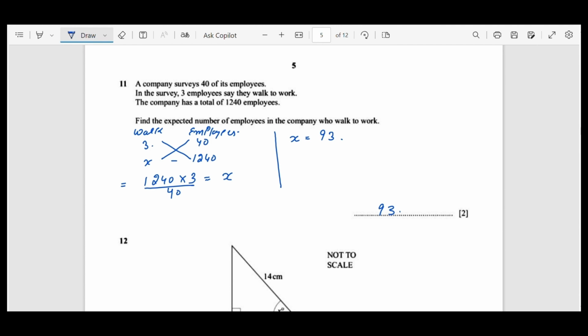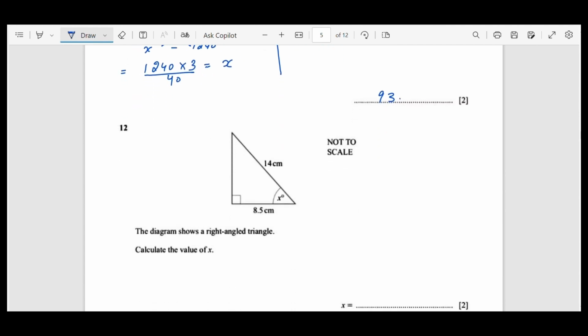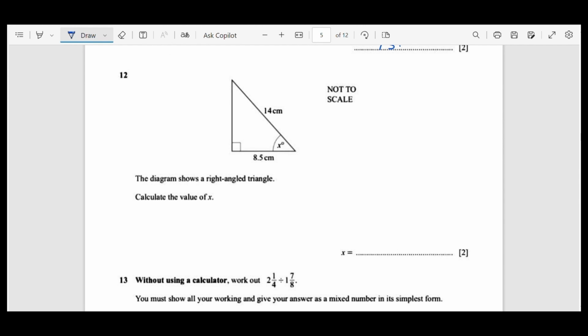Now question number 12. The diagram shows a right angle triangle. Calculate the value of x. So here we will use the trigonometric ratios. So cos x will be equal to adjacent over hypotenuse, which is equal to 8.5 by 14.